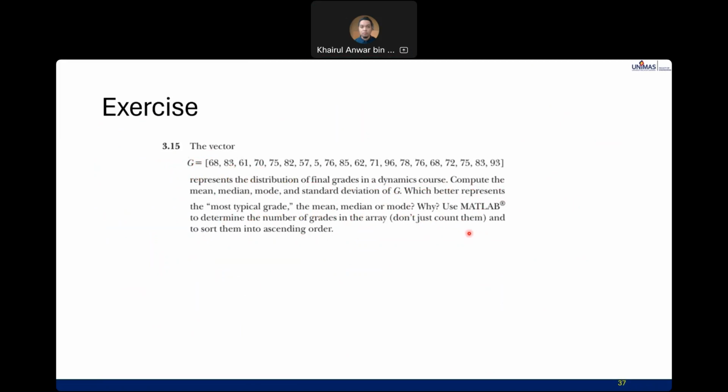If you don't know how to calculate the standard deviation, you can use either help std or doc std. How to sort them in order? You can also use sort, doc sort.